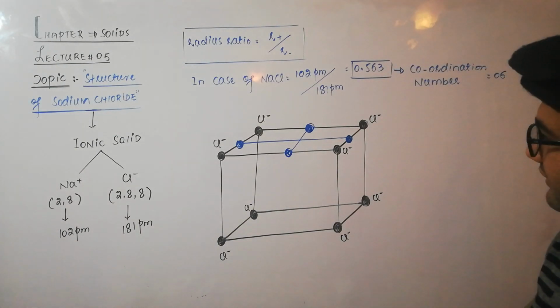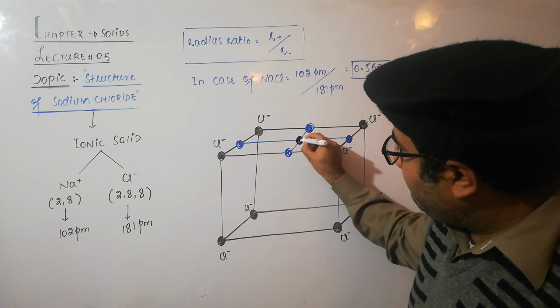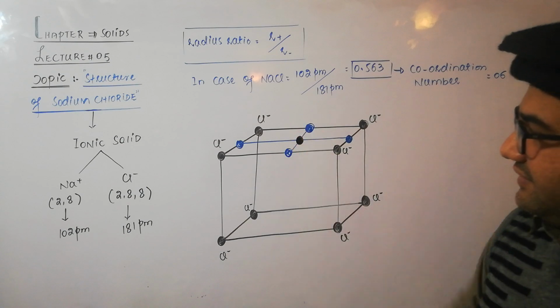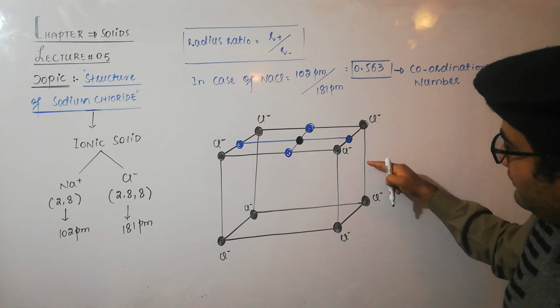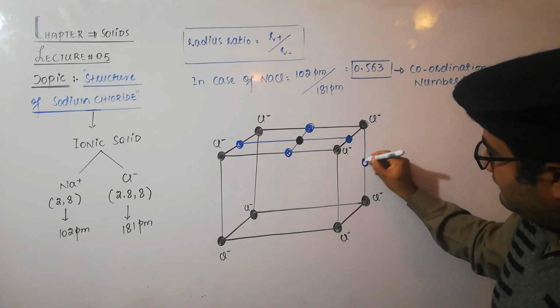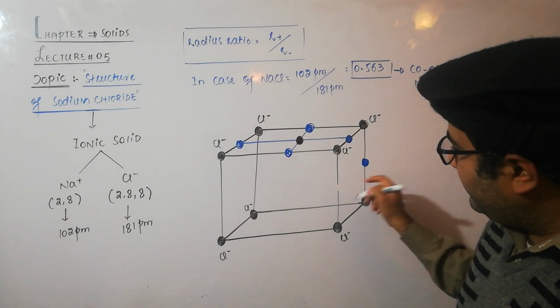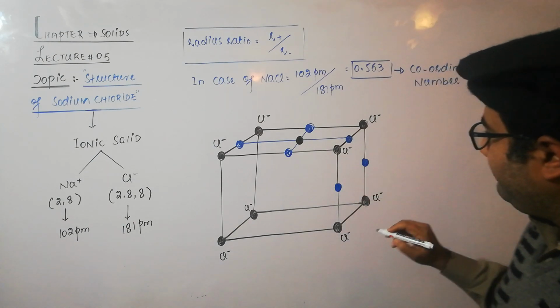So also make a chloride ion in the center of this face. This one is again a chloride ion present at the center of this face. Again, between these 2 chloride ions place a sodium ion. Again, between these 2 chloride ions, exactly in the middle, place a sodium ion.